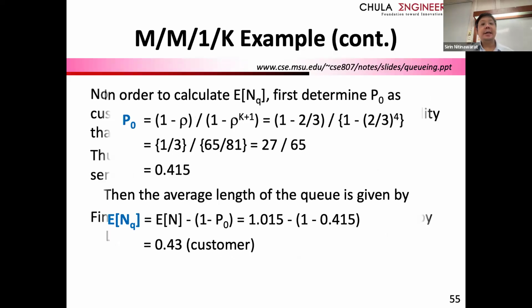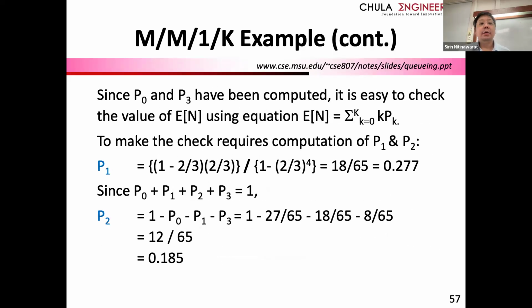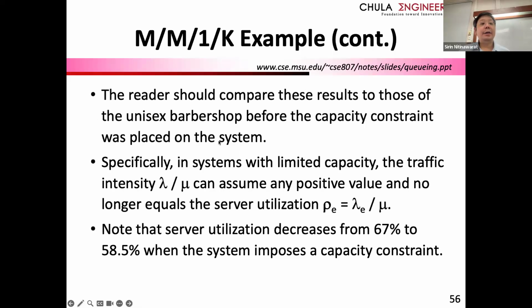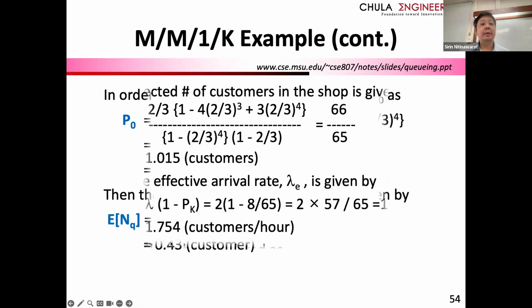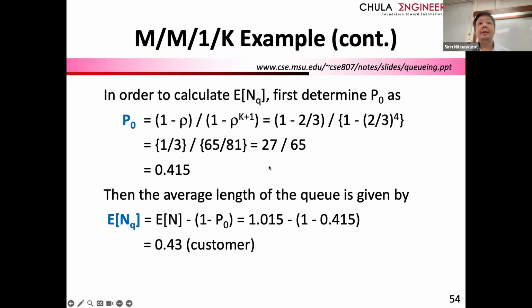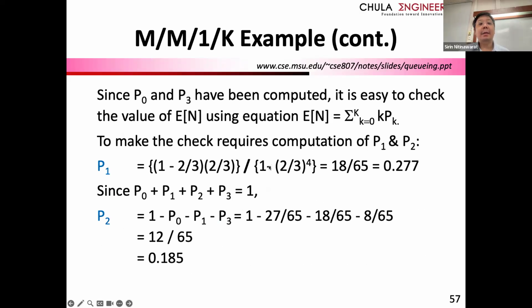Just for a consistency check, now that you derive E of N from the formula that we showed earlier, we can double check that by computing all the P's in a brute force manner. We already know P0 and P3.